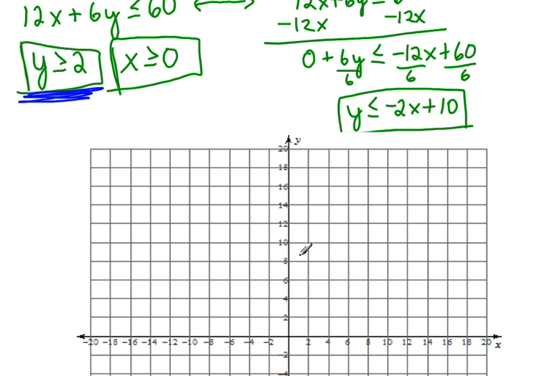You get your y-axis right here. So you're going to go to 2 on the y-axis, and then you're going to draw a horizontal line. And the reason this is the case is, what's this coordinate? 0, 2, right? Let's look at this one.